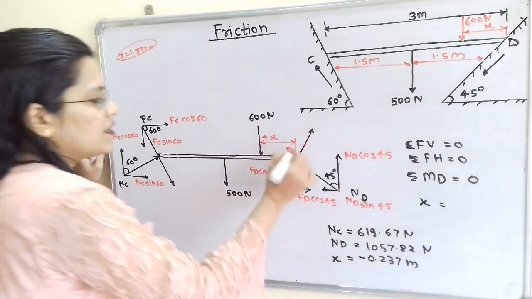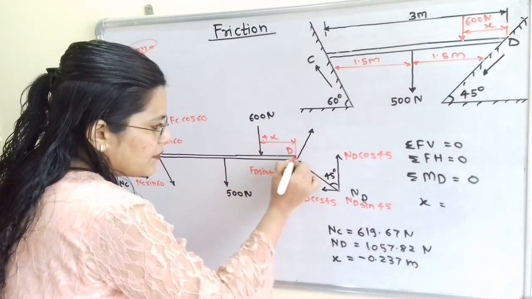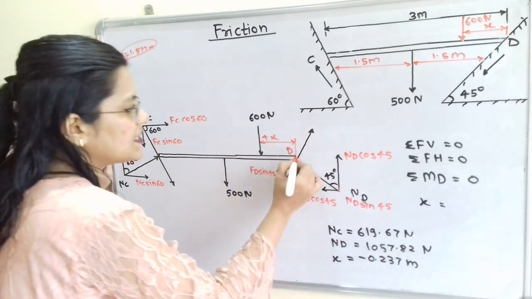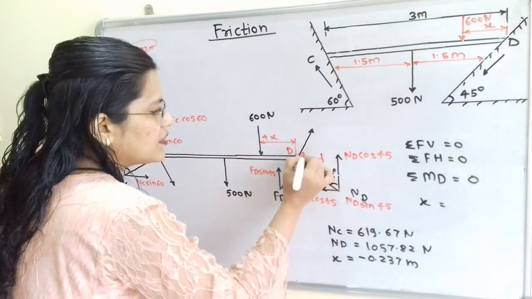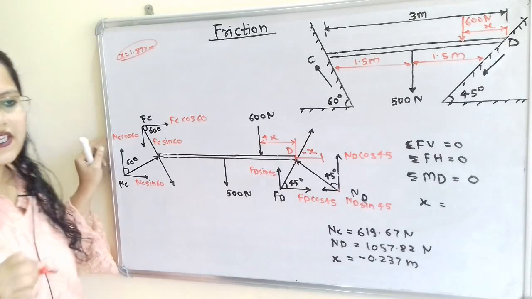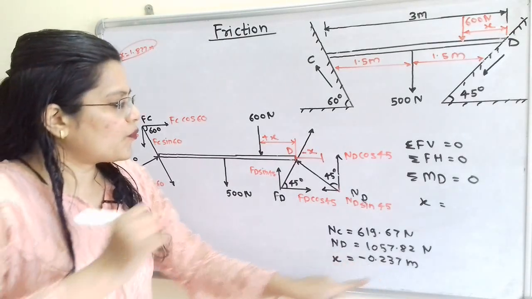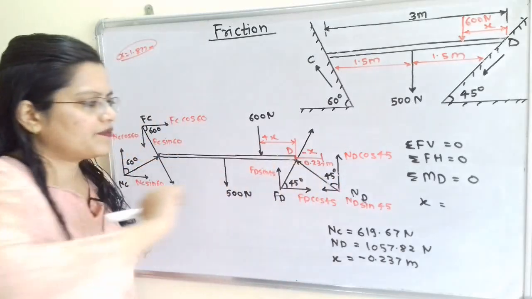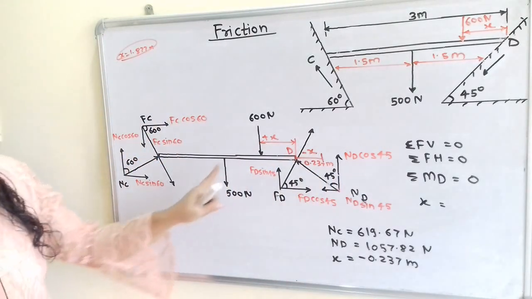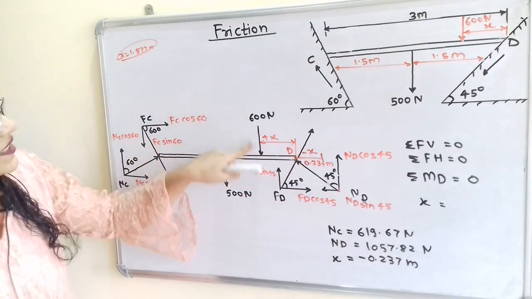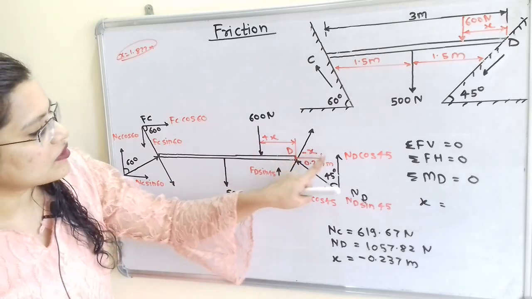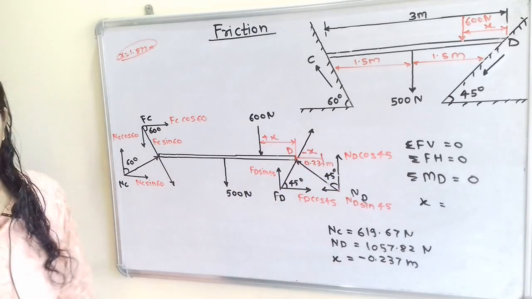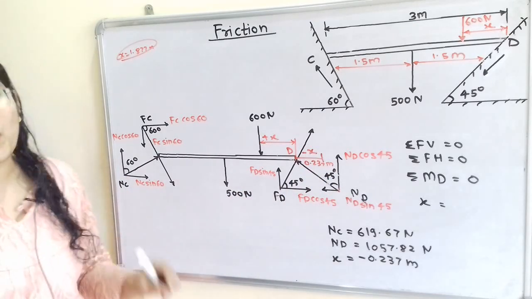That means if I take the value of X in the opposite direction, towards the right hand side, then we will get minus X, equal to 0.237 meter. That means we cannot place the 600 Newton load beyond this point D at a distance of 0.237 meter. That means it is not possible.